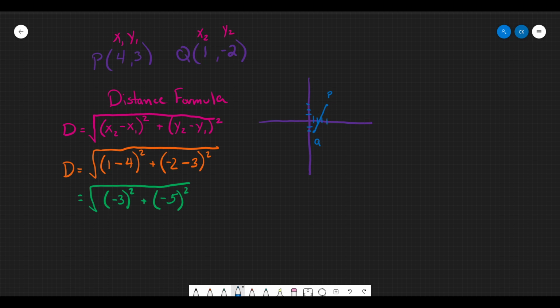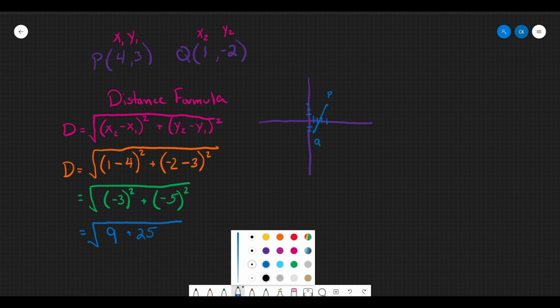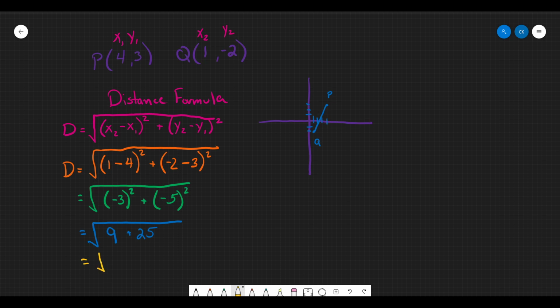So negative 3 squared, negative 3 times negative 3 is positive 9. Negative 5 squared, negative 5 times negative 5 is positive 25. Then I'm going to add what we have underneath the radical. So 25 plus 9 is 36.